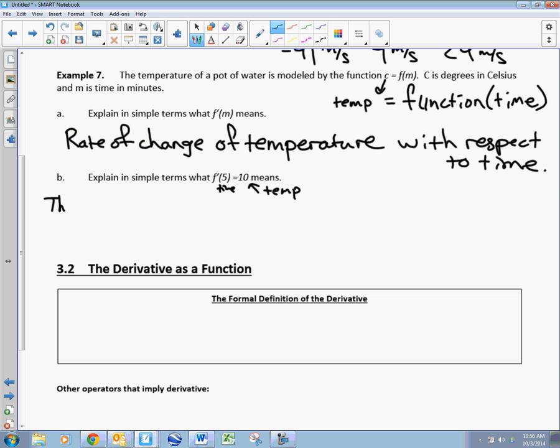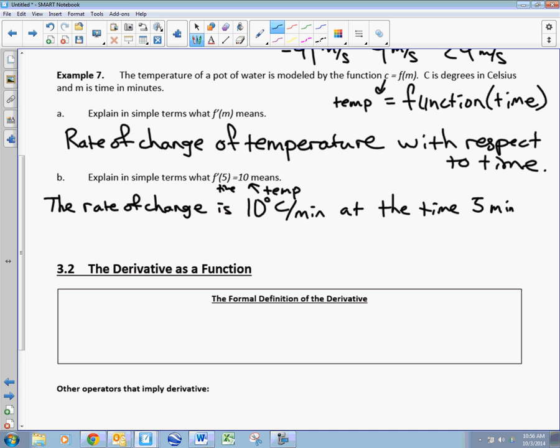The rate of change is 10 degrees Celsius per minute at the time, 5 minutes.